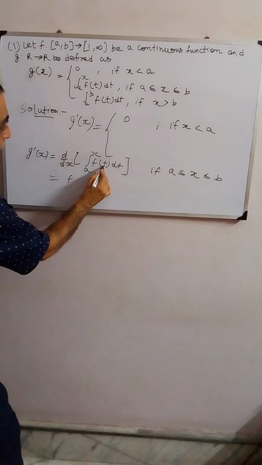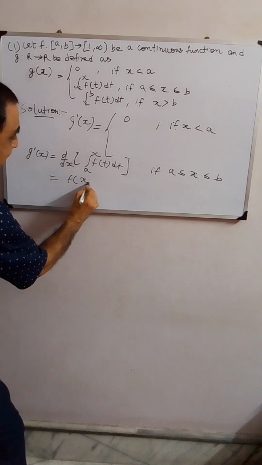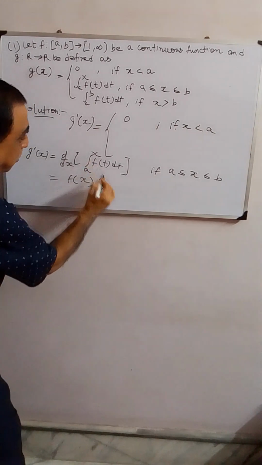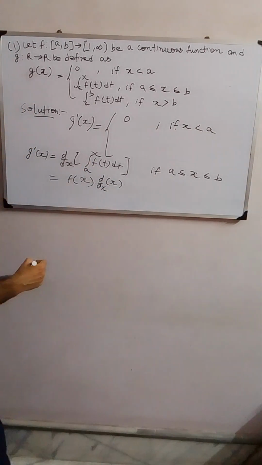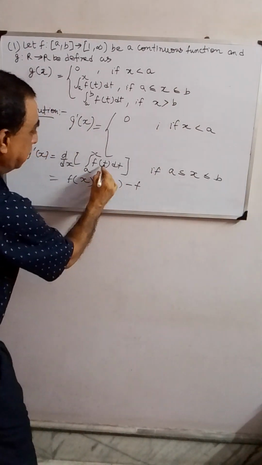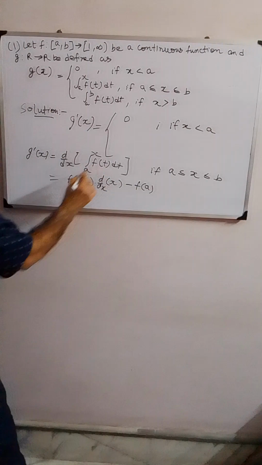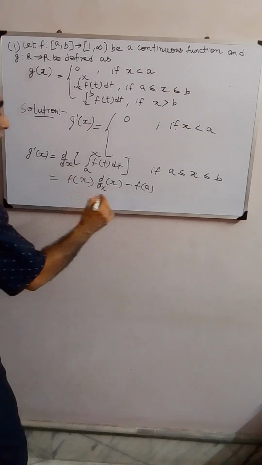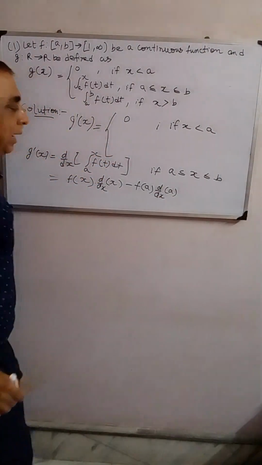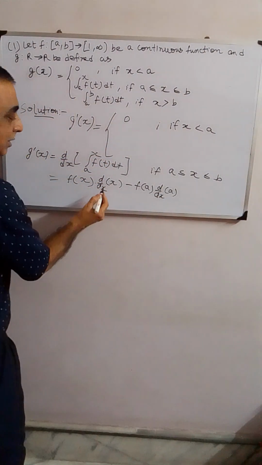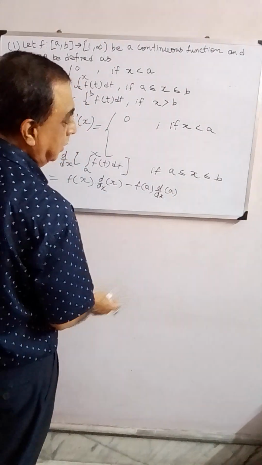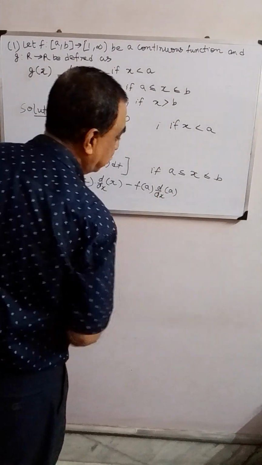Here for t I will put x, so f(x) into d/dx of x, that is the upper limit, minus this will be f(a). In place of t I will put a, and d/dx of the lower limit, so d/dx of a. d/dx of x is 1, and a is a constant, so its d/dx will be 0.